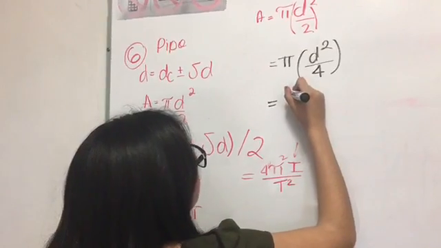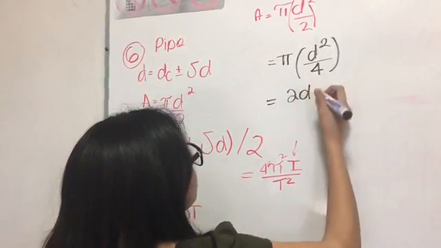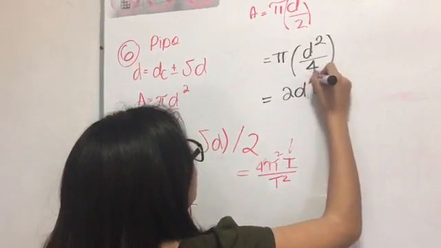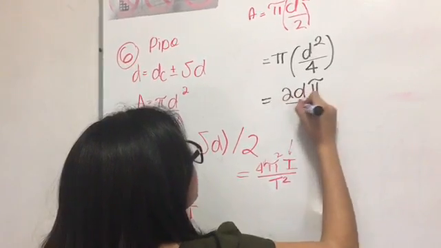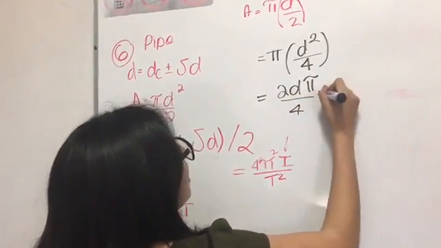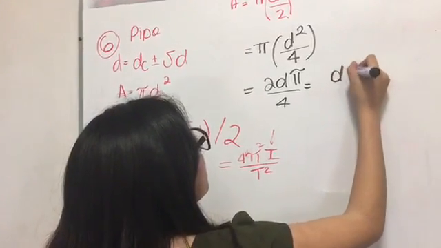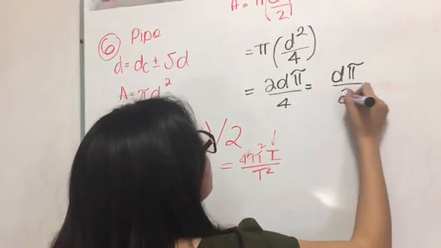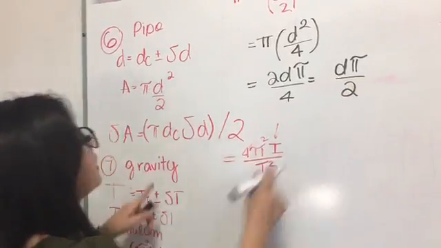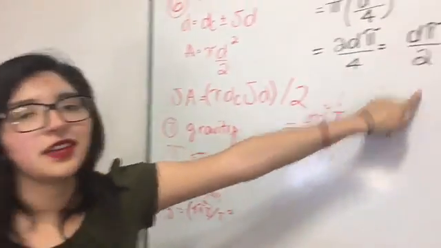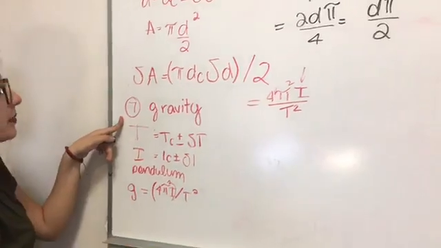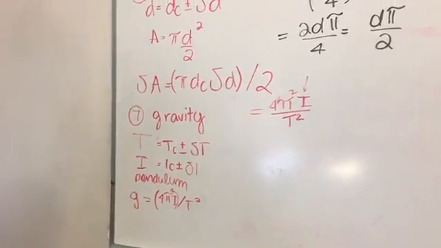So we have 2d, and we can simplify it like this. So here is the derivative of the area.